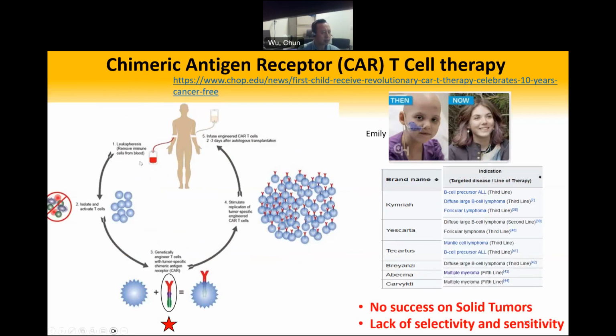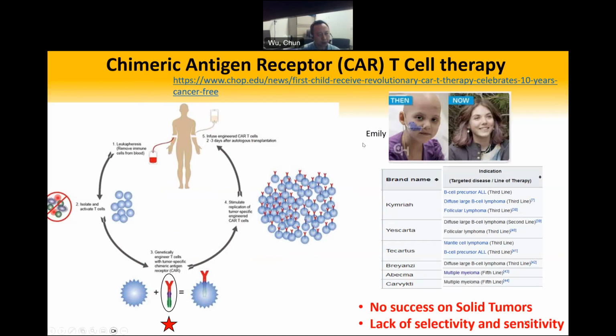What it does is it takes the blood from the patient and isolates the T-cells, and then engineers the T-cell receptor into the T-cells, cultures the T-cells with the specific CAR into a large population, and inserts them back into the patient. And those T-cells kill the tumor, leading to a cure.